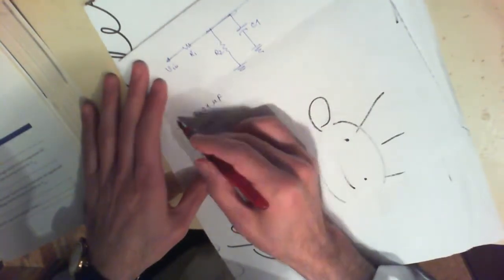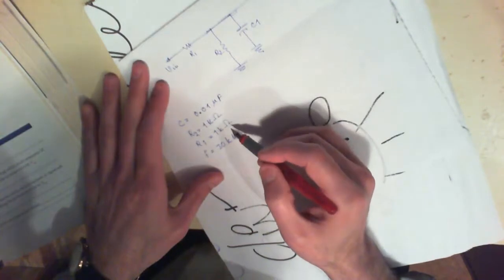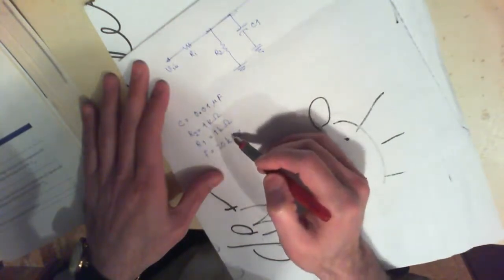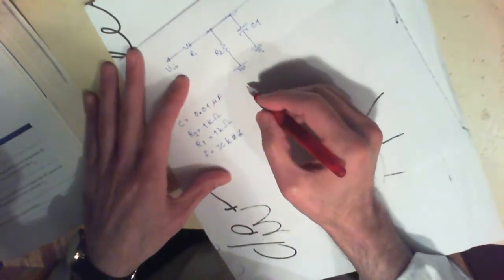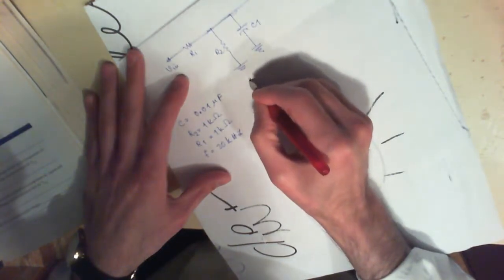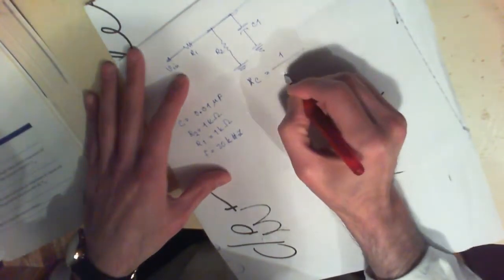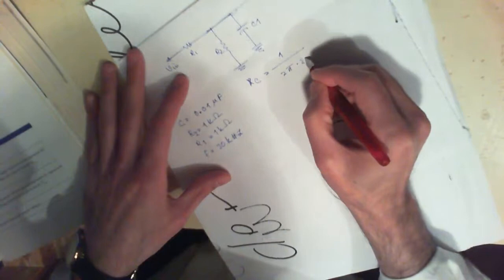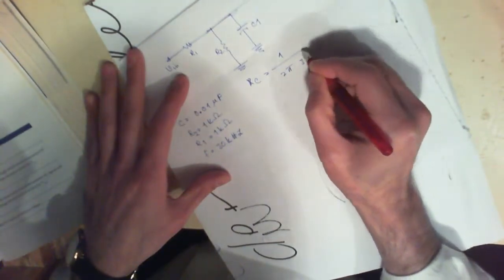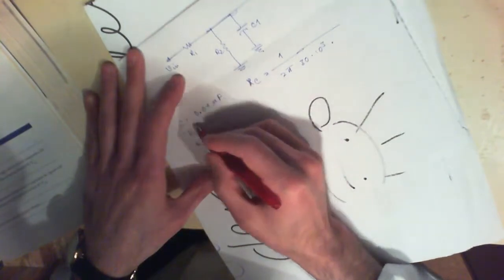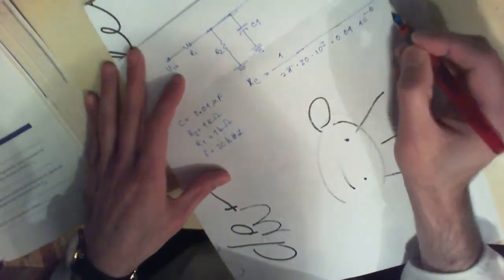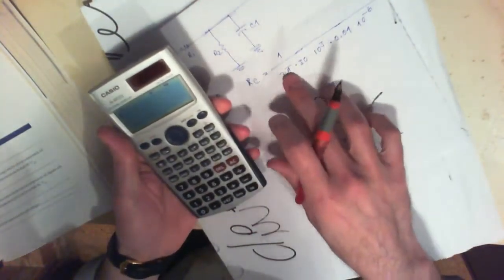Now if you calculate the reactance of this capacitor at this frequency for this circuit, your reactance X of C is equal to 1 over 2 pi times the frequency, which is 30 kilohertz, 30 times 10 raised to the power 3 hertz, times the value of the capacitor, which is 0.01 microfarad, 0.01 times 10 raised to the power negative 6 farad.